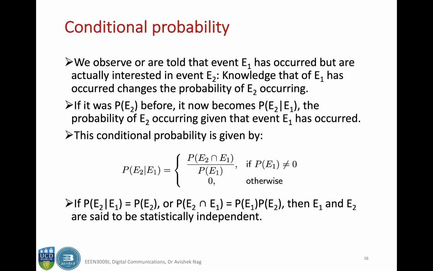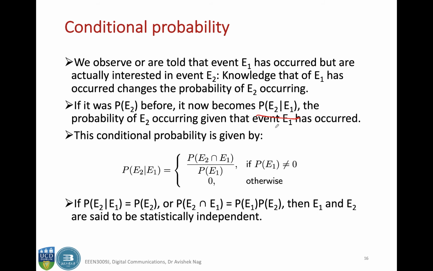That is represented by saying probability of E2 given E1. This is the way to represent that. Probability of E2 given E1 is called the conditional probability: the conditional probability of E2 occurring given E1 has occurred.